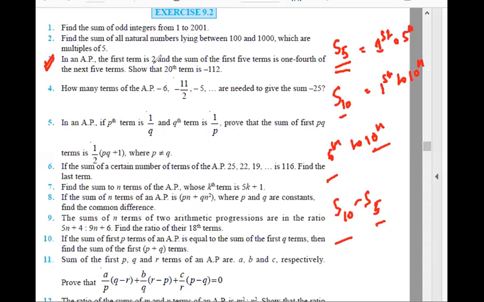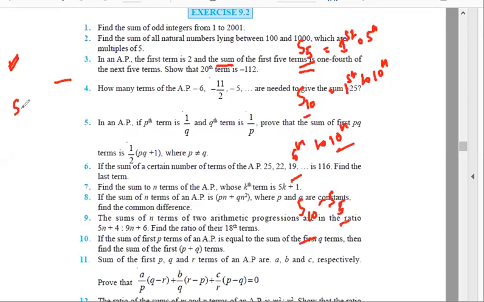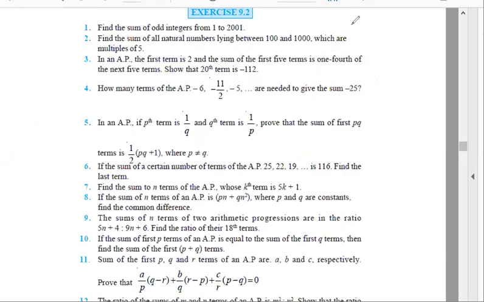Everyone, think about it. Now, according to my problem, the sum of first 5 terms is 1/4 of the next 5 terms. So the sum of first 5 terms, S5, is equal to 1/4 of next 5 terms, which is S10 minus S5.